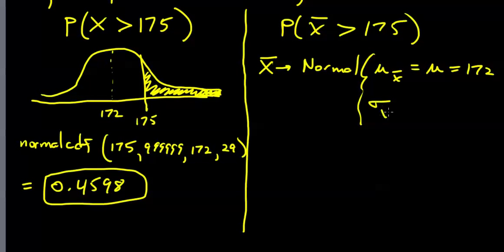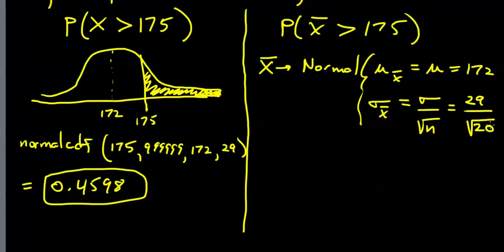The standard deviation of all possible sample means is your original SD divided by the square root of the sample size. And here that's going to be 29 divided by the square root of 20.